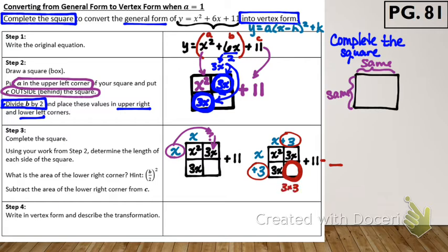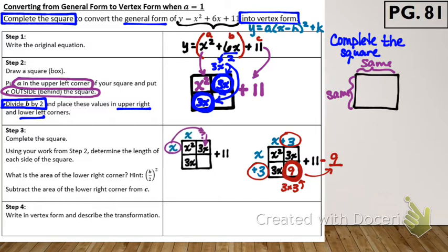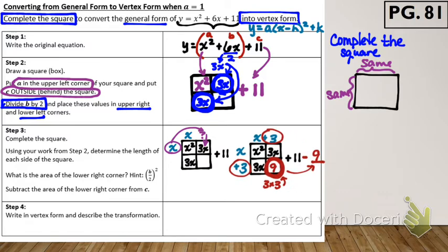So I do 3 times 3. What would that give me? 9. That's what I have to take back away. Whatever I add, I have to subtract again. We are pretty much done with this process. Now we just need to bring it all together.